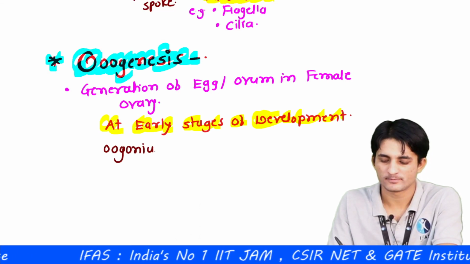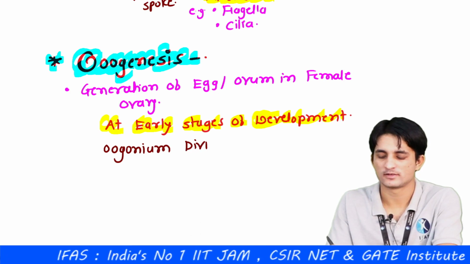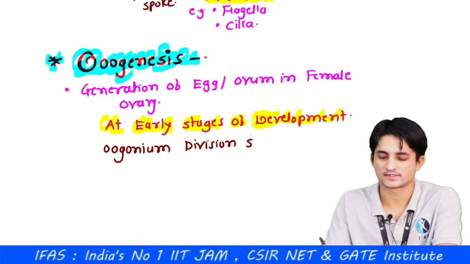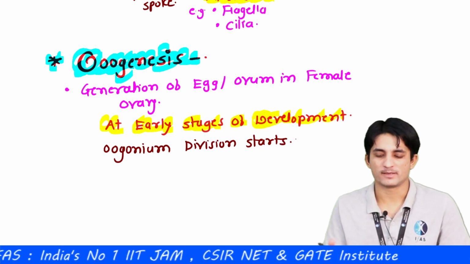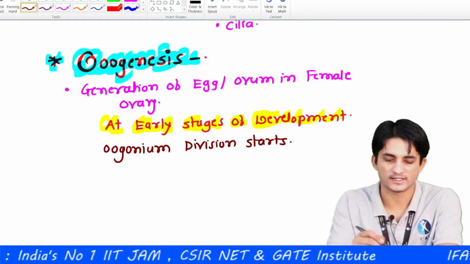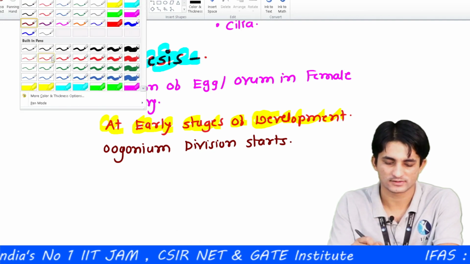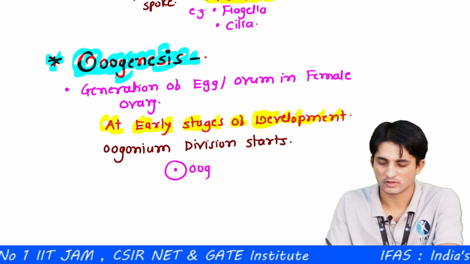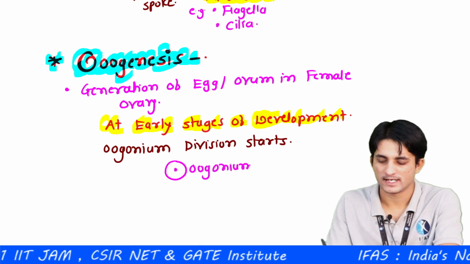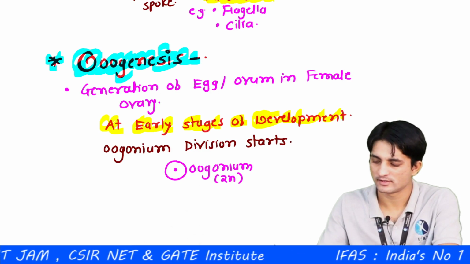So oogonium division starts, and the oogonium first enters into meiosis. Suppose this is the oogonium, and it is diploid.